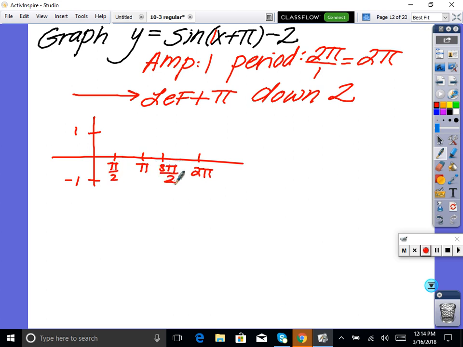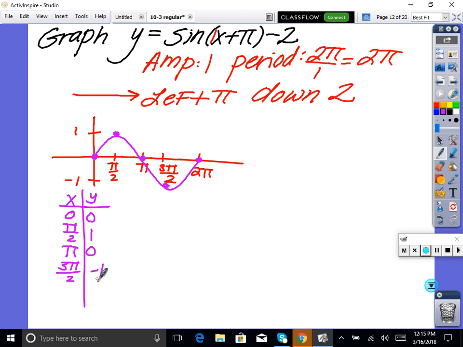And then you'd say this is sine, so it's 0, max, 0, min, 0, without shifts. And then we'd list out those xy points. So 0, 0, over pi halves up 1, over pi up 0, over 3 pi halves, -1, and then over 2 pi up 0.